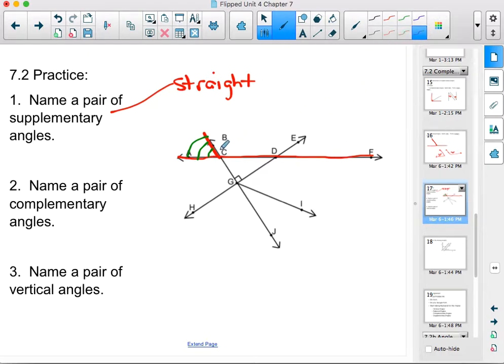We also have this bigger angle over here, BCD. And together, if we put those two angles together, the outer edge forms that straight angle. So one pair of supplementary angles is angle ACB. The other angle in our pair would be angle BCD.